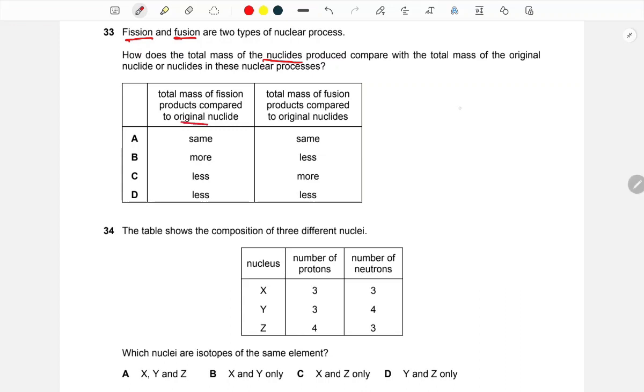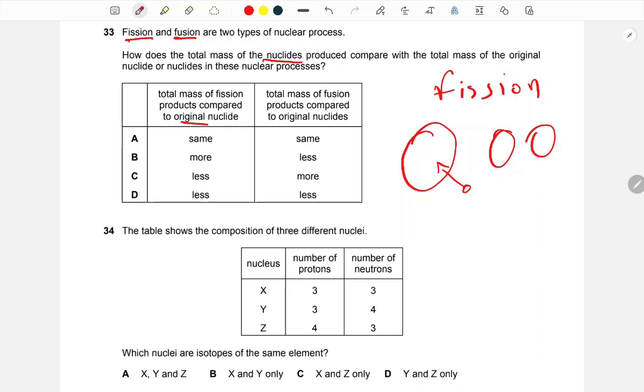So in nuclear fission, we have one big nucleus, and then a neutron hits it at high speed and it splits into two nuclei. So the total mass is going to be less. It's going to decrease. So we can remove A and B.